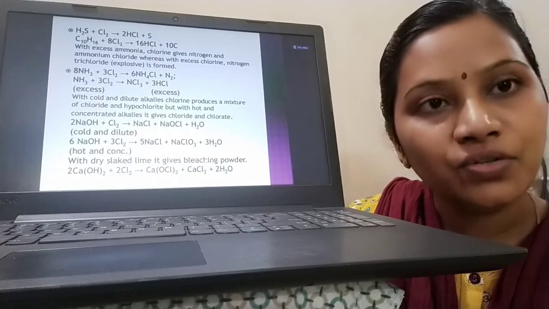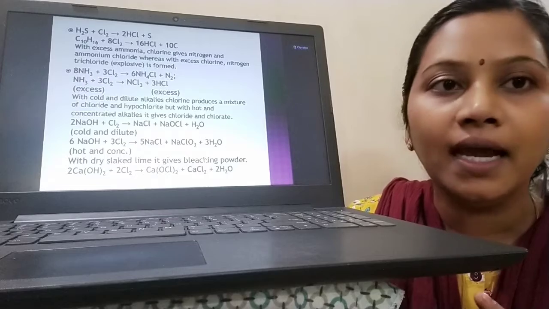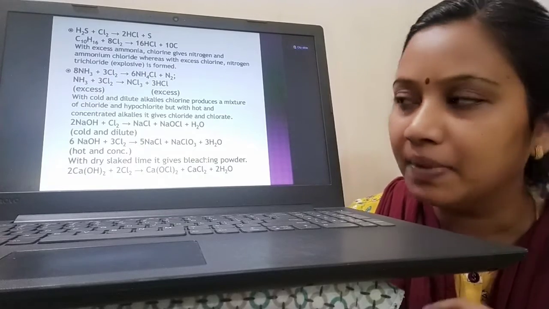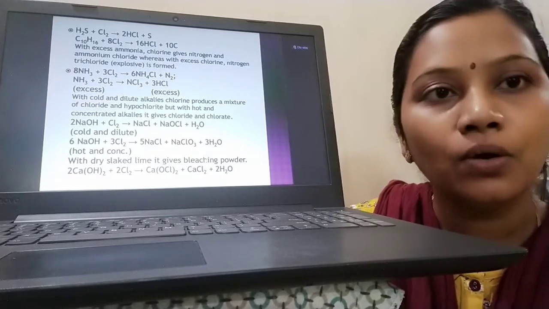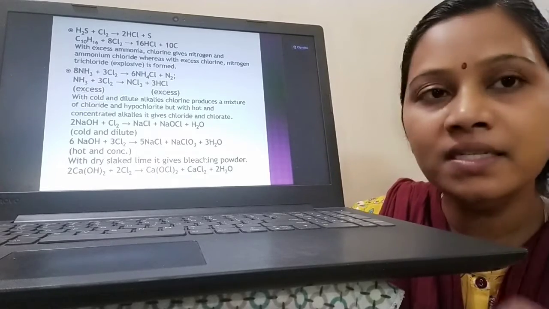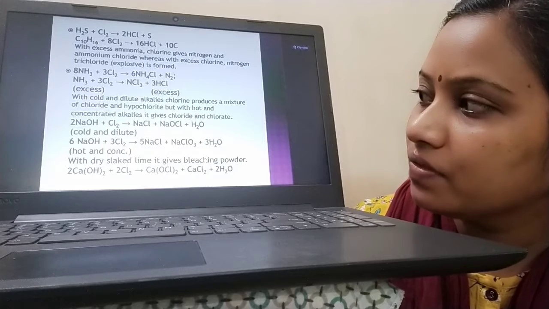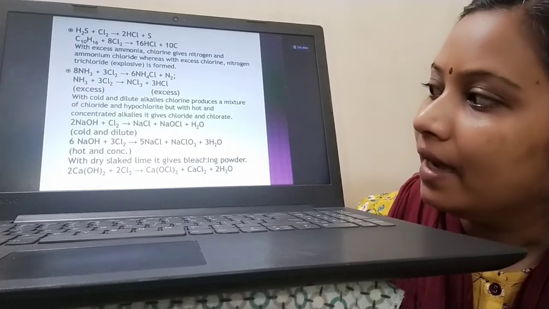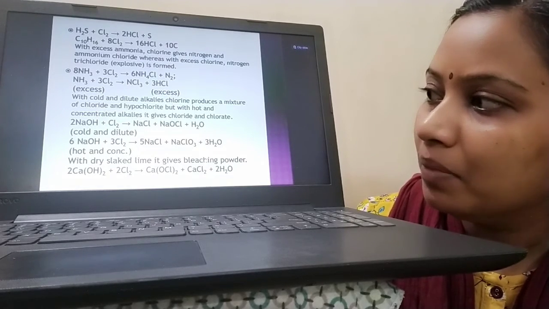Now when it is treated with hot and concentrated alkali, what happens? The second reaction is chlorine reacted with hot and concentrated NaOH. Here the products will be sodium chloride and NaClO3 plus water.